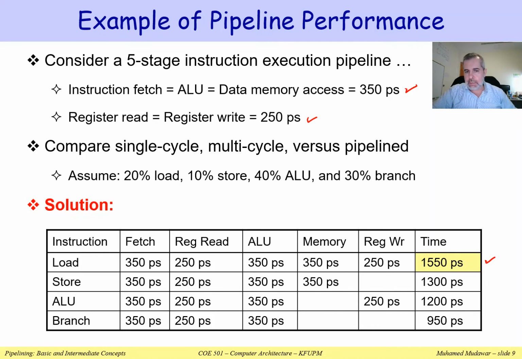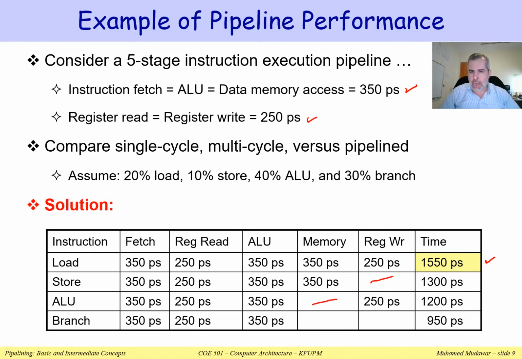Now the store does not really need to write anything into the register file, so nothing is written here. Basically there is no need to write anything back into the register file. So we can reduce the latency of the store to only 1,300 picoseconds. Notice for ALU instructions, they don't need to access the memory, which is the data cache, because they don't load, they don't store.